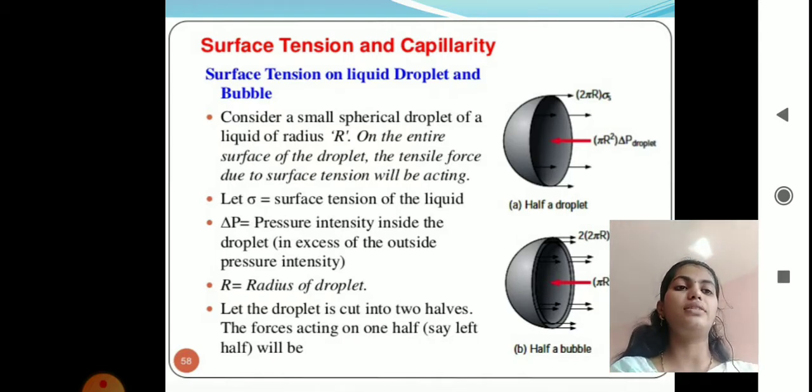Consider one droplet of liquid whose radius is r, and the entire surface of this droplet exerts a force, and this force is surface tension.